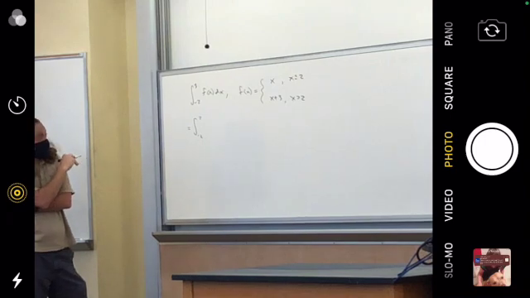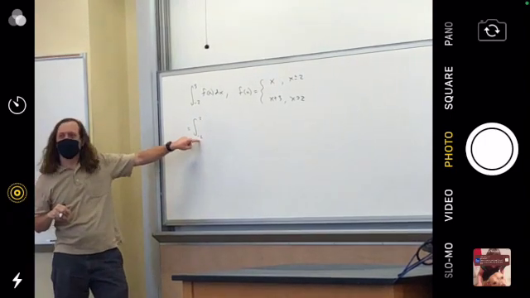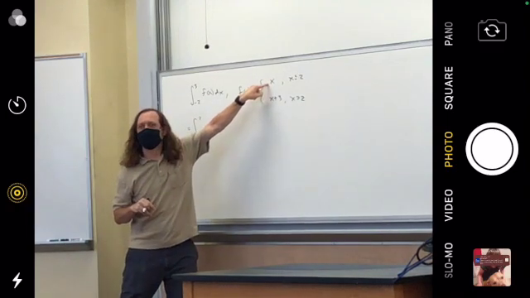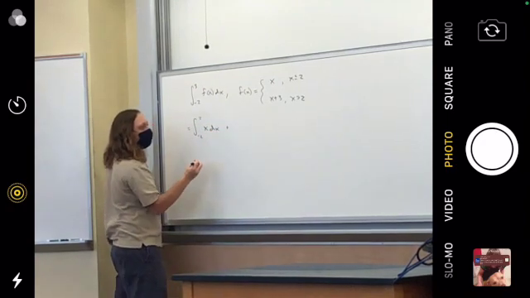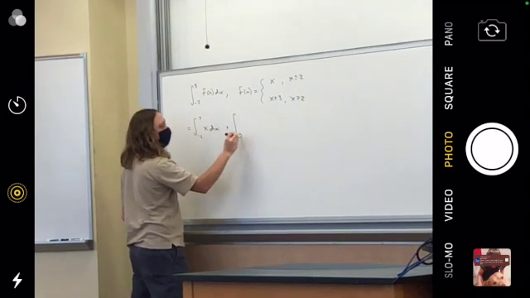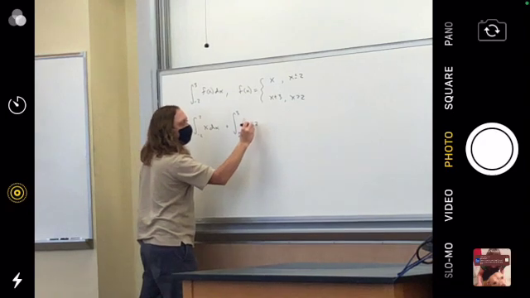The first one, x, if x is less than or equal to 2, so all my x values are between -2 and 2. I only need to look at this piece. So x dx plus the integral from 2 to 3. Now I would have x plus 3.